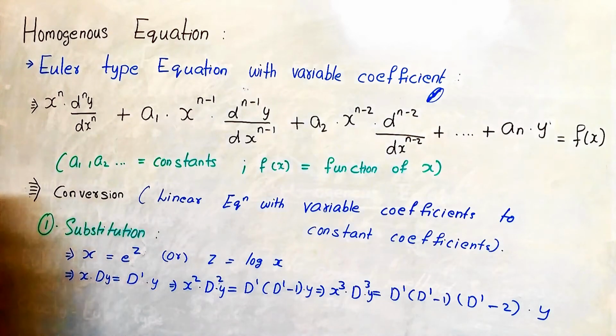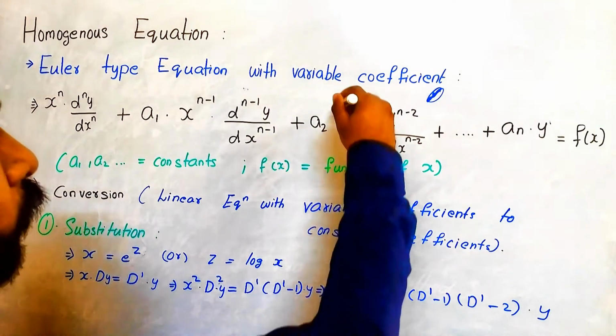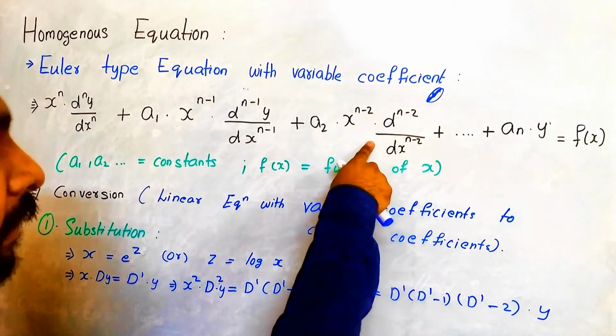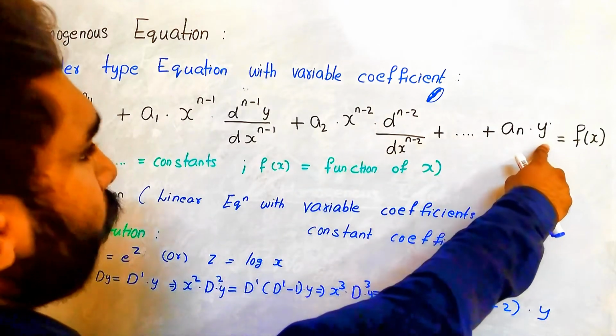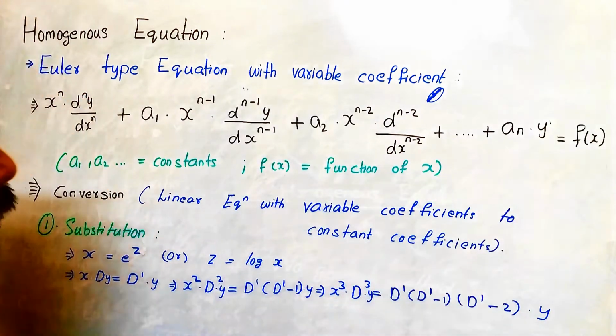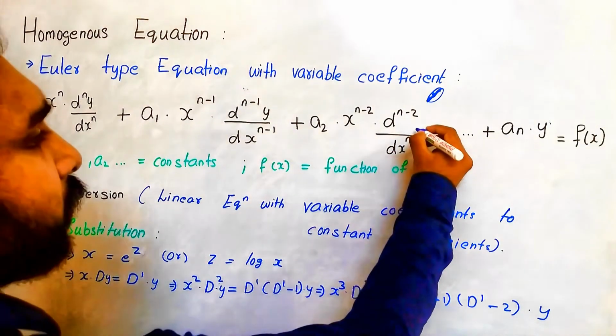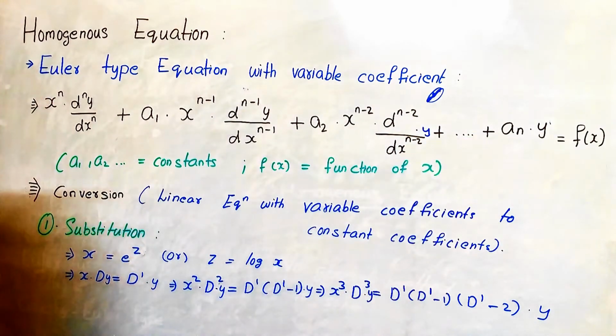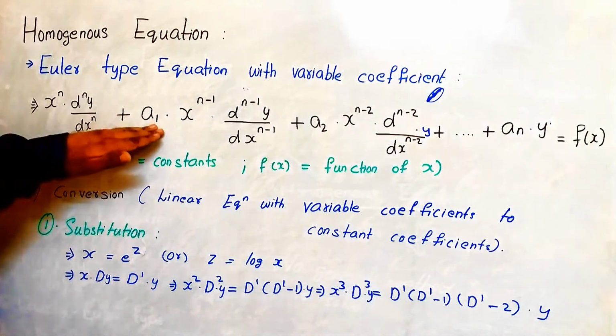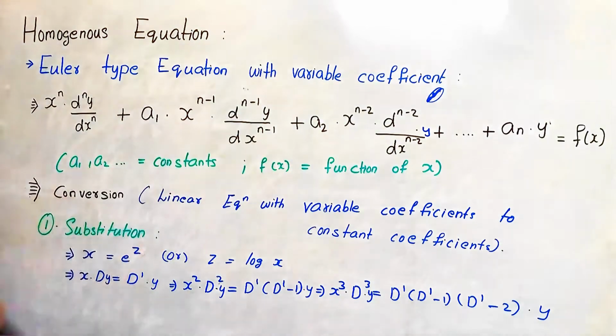We don't need to write that, so this whole term gets deleted, leaving into y. That is the last term you will get, equal to f of x. This is the format of the Euler type equation with variable coefficients.